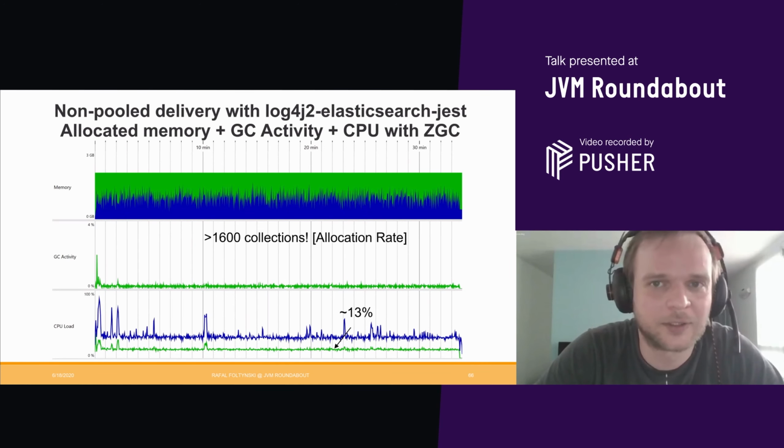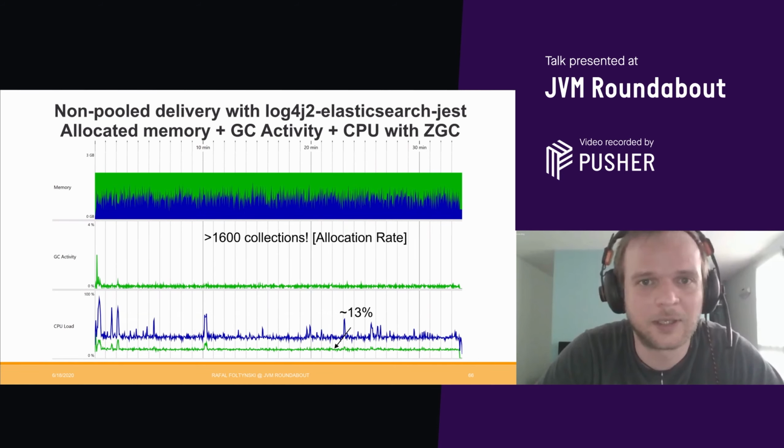So the initial graph that you saw, allocating 20 gigs, in this version it got sped up a lot and is doing 100 times more work overall than it used to do. There were over 1,600 collections caused by the allocation rate. This is important with ZGC. The proactive and allocation rate are indicated as causes of the GC.